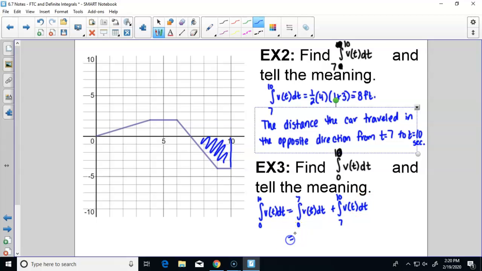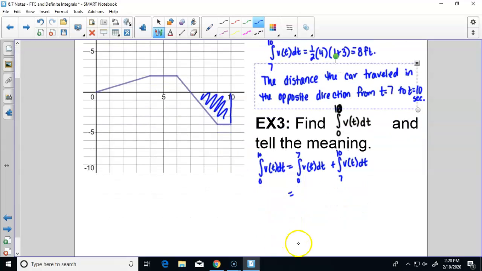And luckily, we have already found both of those. So we found the integral from 0 to 7. That was this area right here above the curve. And that was 9. And we just found the integral from 7 to 10, which was negative 8. And so whenever we do this, we get 1 foot.